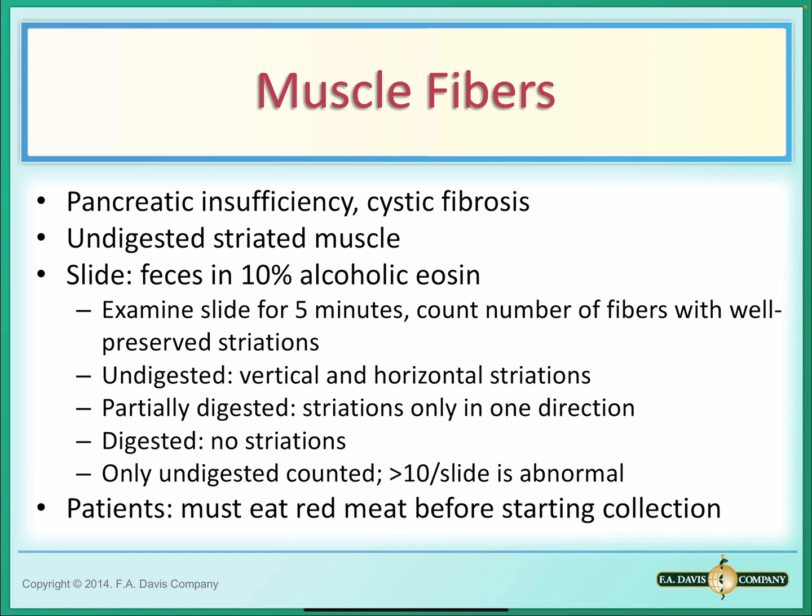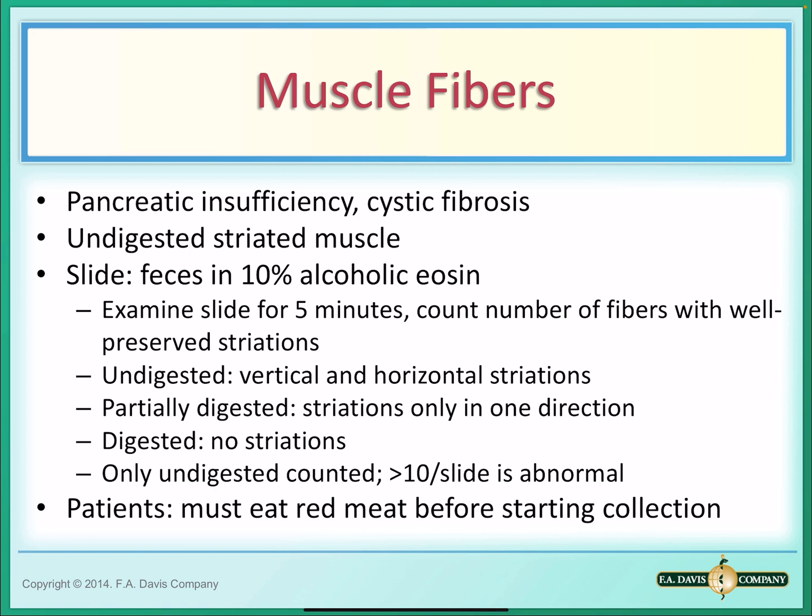This muscle fiber test is frequently ordered next to or with a microscopic examination for fecal fats. Increased amounts of striated fibers also may be seen in patients with biliary obstruction, malabsorption syndromes, and gastrocolic fistulas.